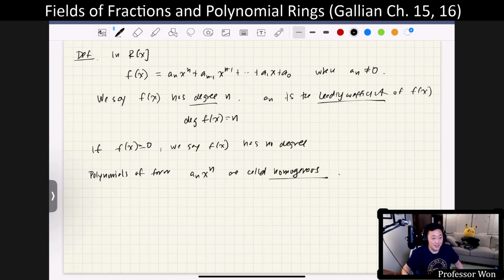Now it's useful to say that if you add two homogeneous polynomials of degree n, you get a polynomial of degree n. It's true unless you notice that if you take a_n x^n minus a_n x^n, those are two homogeneous polynomials of degree n, and you actually get 0.